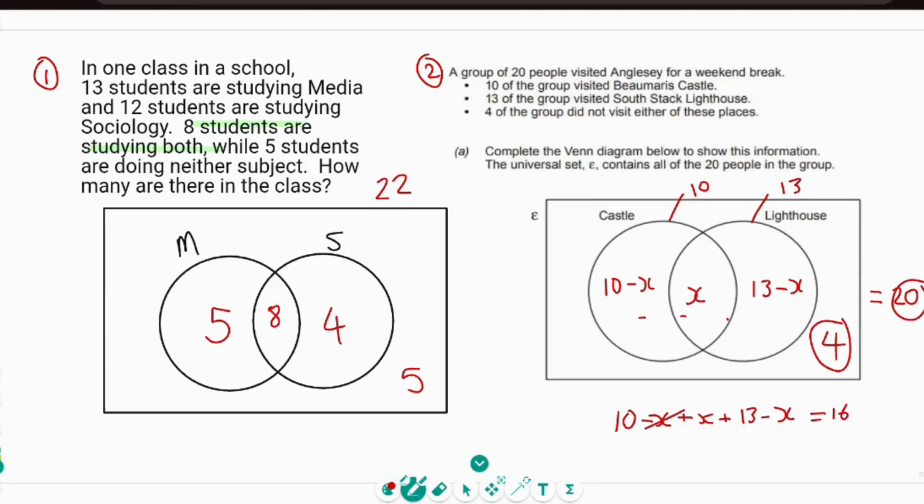These have got to add up to 16. Minus x plus x, 0. 10 add 13, 23. 23 take away x is 16. Could just work it out logically now, couldn't you? So it's got to be x, it's got to be 7. And then 10 take away 7. 13 take away 7.